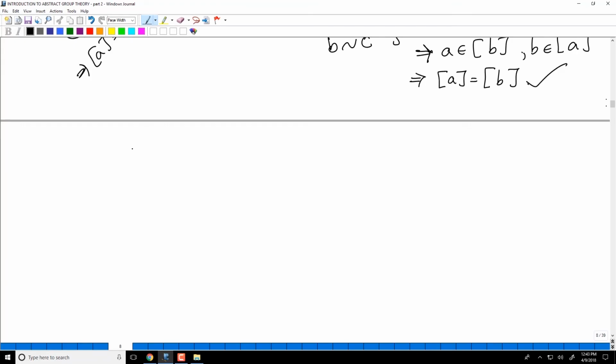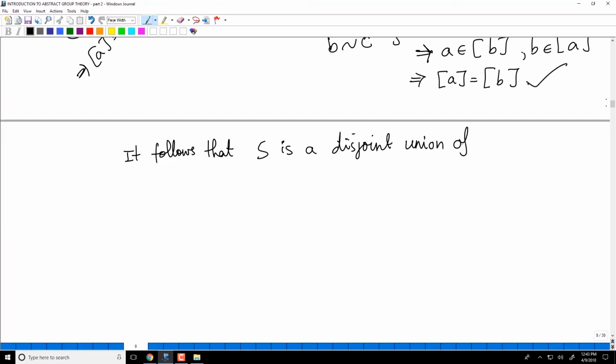Now it follows that S is a disjoint union of equivalence classes, because either two equivalence classes are disjoint or they are identical.